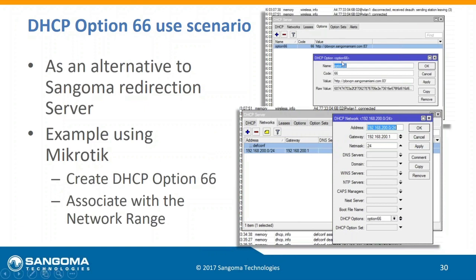You need to create the option 66 here on the options tag. You need to, on the DHCP server configuration, enable DHCP options and select the option that you want to provide when the IP is assigned to the phone from the pool.